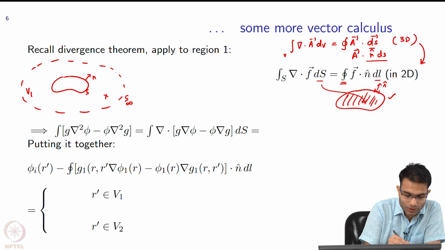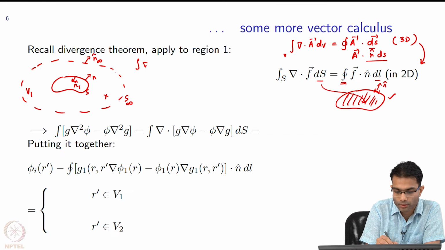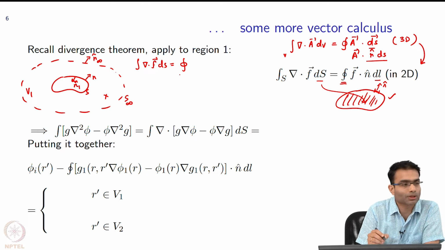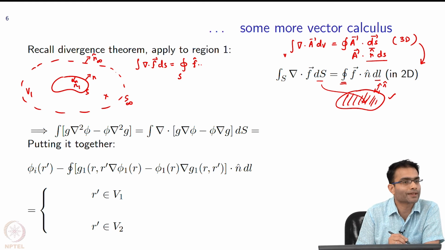So, let us call the opposite of this vector over here, that is the outward normal over here, N1, and let us call this N infinity. So, the divergence theorem applied over here will give me what? Del dot F ds will give me the total flux. So, it will give me over S, F dot the outward normal to this, which is N or N1?